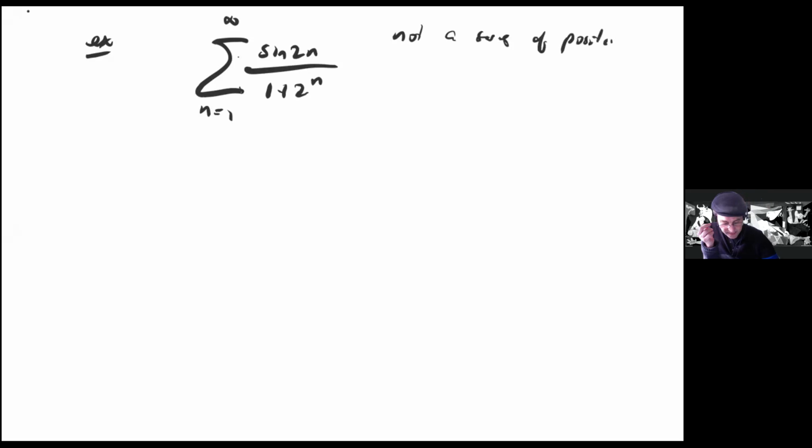There are not too many tests that we can apply to a series which is not of positive terms. There are some cases where the sign will have a negative value. So the idea is I'm going to check for absolute convergence instead.